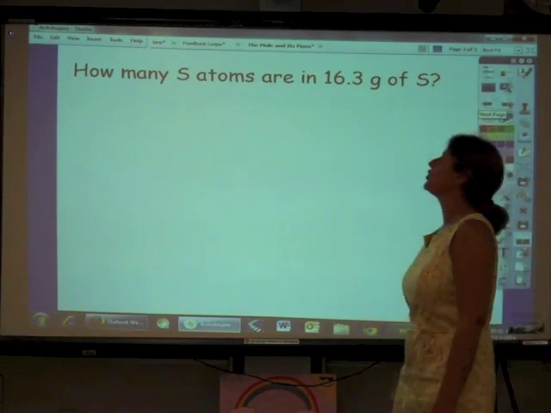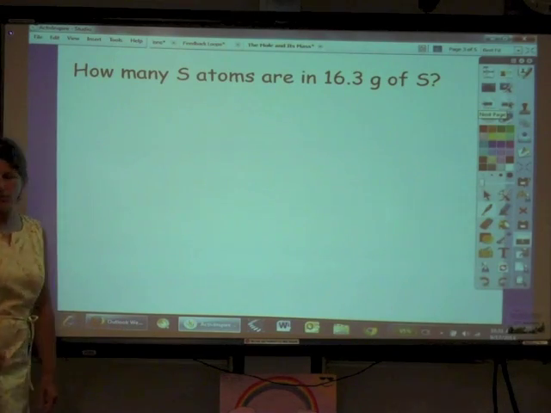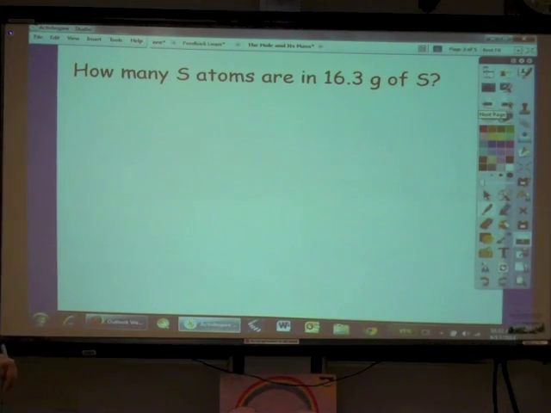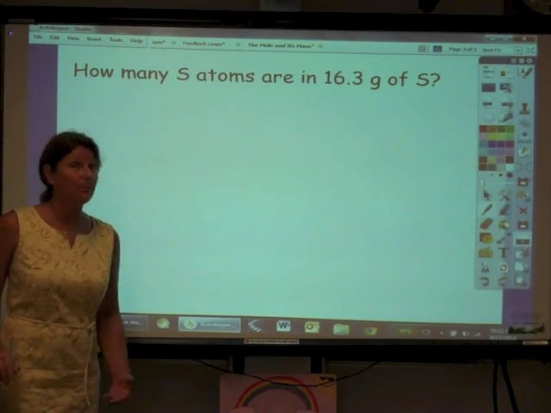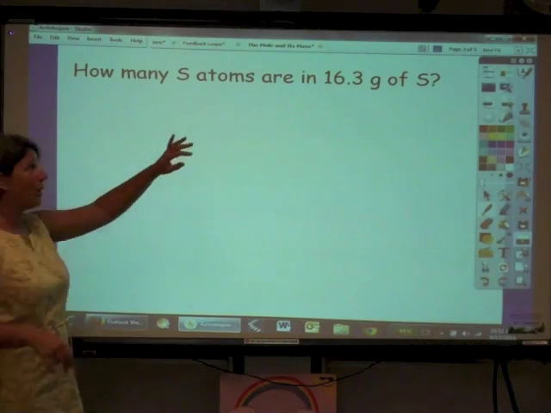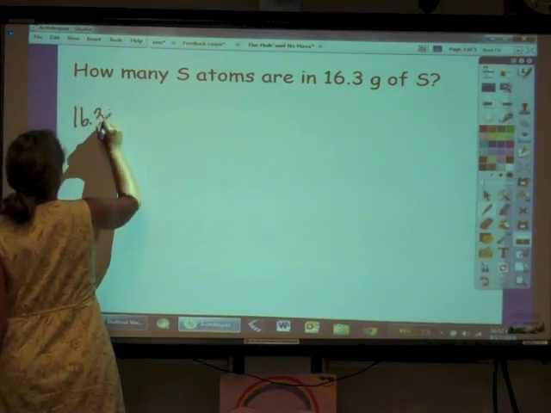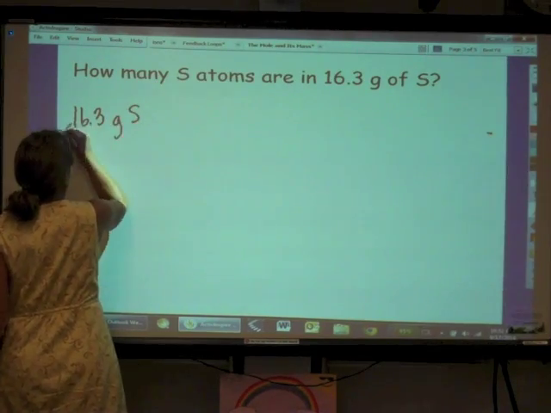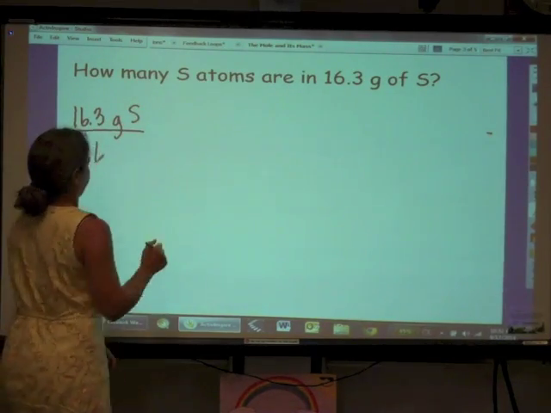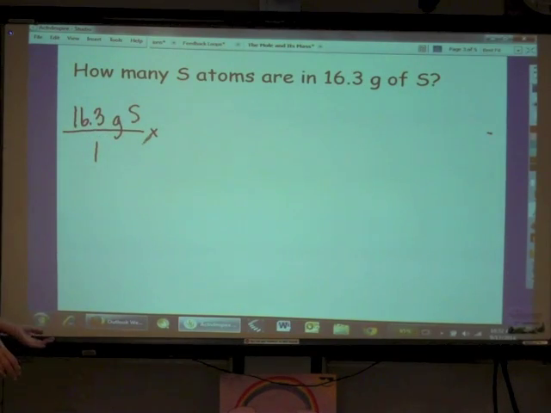How many sulfur atoms are in 16.3 grams of sulfur? Okay, so we're going to use a couple of conversion factors now in this one. We're going to begin with what we're given, 16.3 grams of sulfur, and we're going to put that over 1. Now, we cannot go from grams to atoms.